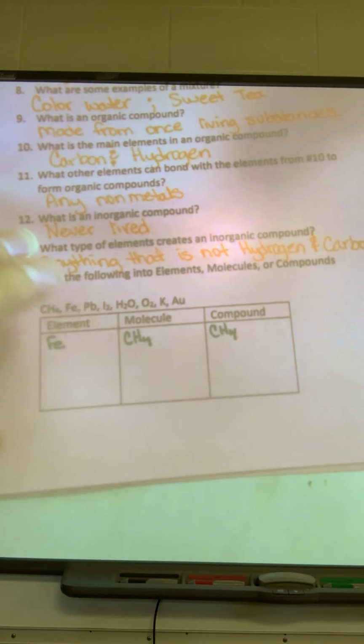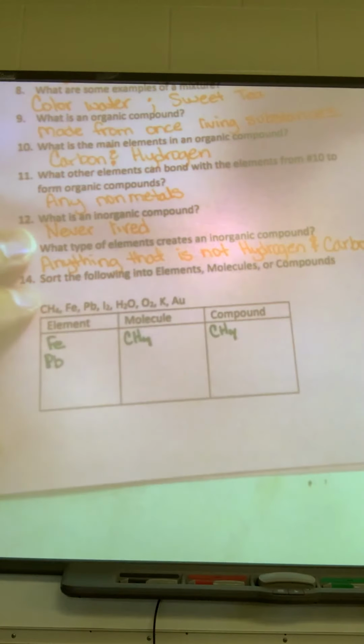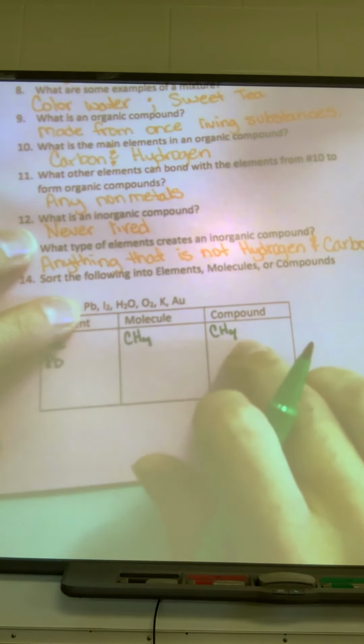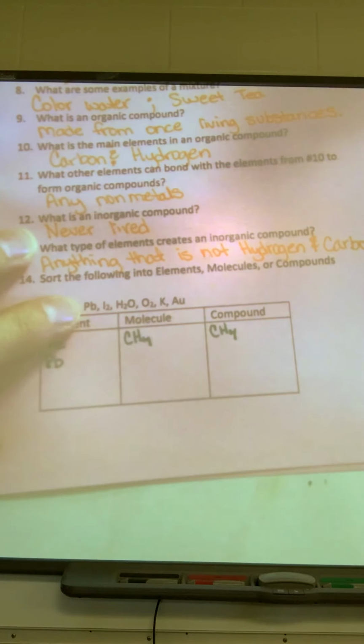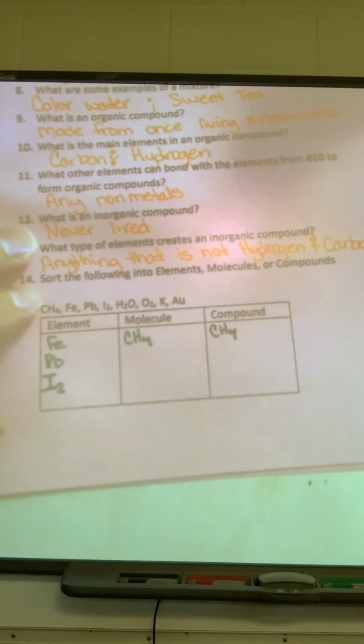Pb, lead, it can be an element. There's only one capital of it. It cannot be a molecule because we only have one atom of it, so it doesn't qualify for that. And it can't be a compound because it only has one capital letter. Capital I subscript 2 is an element because it has one capital letter.